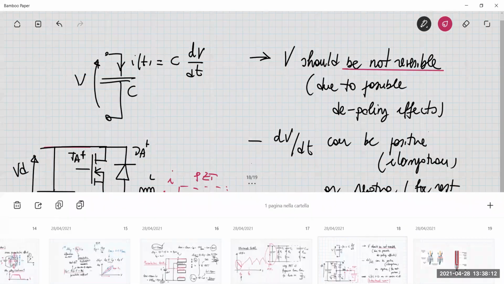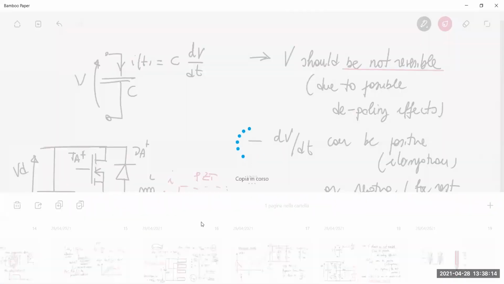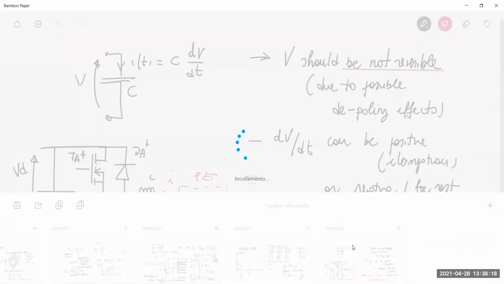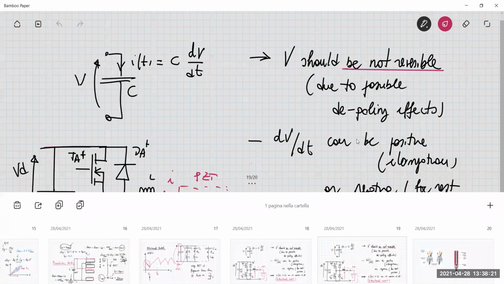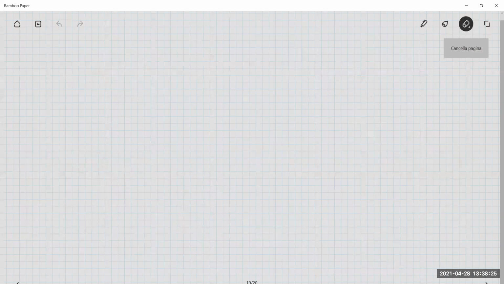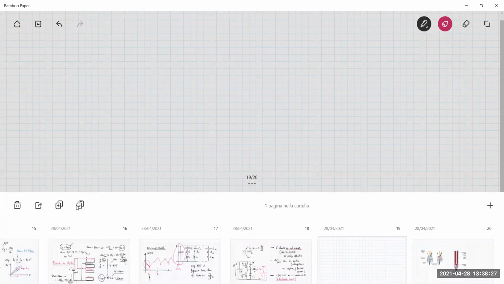Let me just copy this page. Let me copy these ones.